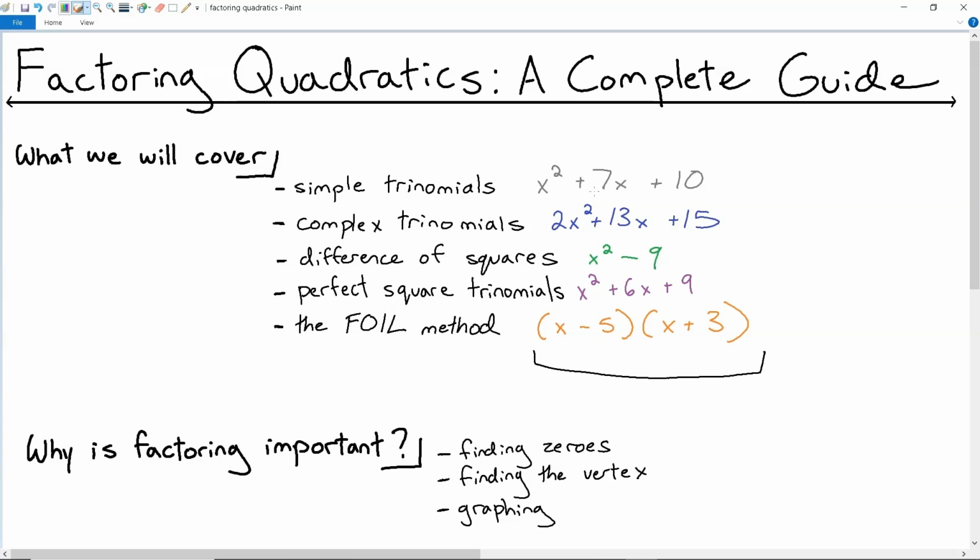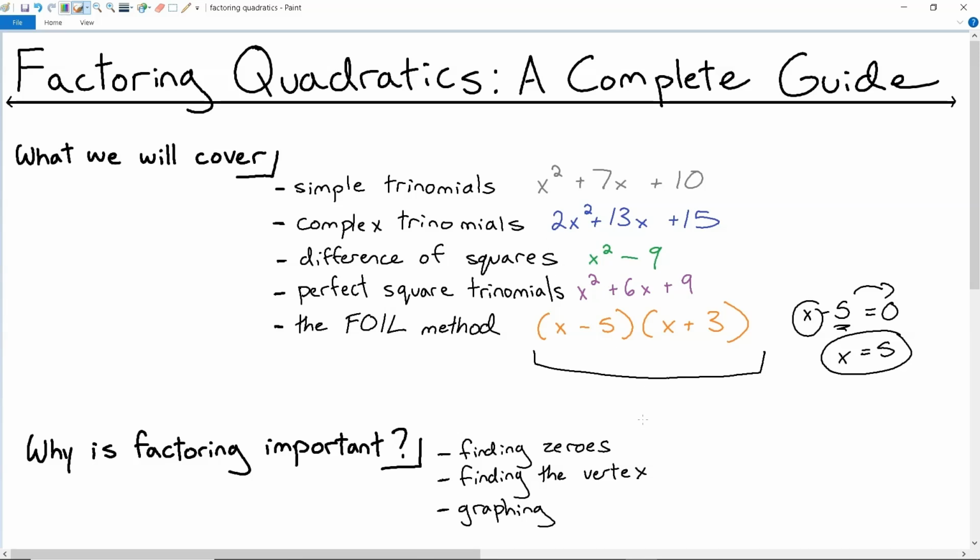So in this example, if I take the first bracket, x minus 5, and I set that to 0, I can solve for x by just moving the 5 over here. So x equals 5 is one of my x-intercepts, and that just means that the point (5, 0) is part of the graph.